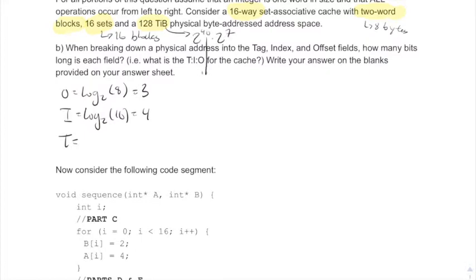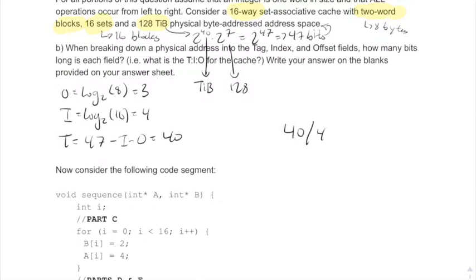You get a 40 from the TB byte prefix, and you get 7 from 128. And so it's 2 to the power 47, which means that there are 47 bits in the address space. So T is equal to 47 minus I minus O, which is just equal to 40. Thus our TIO here is 40, 4, 3.